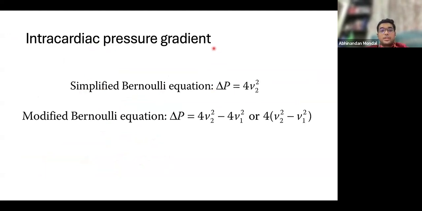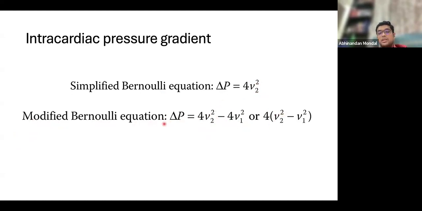So the major thing that I wanted to discuss is the intracardiac pressure gradient. The simplified Bernoulli equation: any pressure gradient between two chambers is equal to 4V square. V2 means the velocity of the blood in the next chamber. Whereas the modified Bernoulli equation is 4V2 square minus 4V1 square.